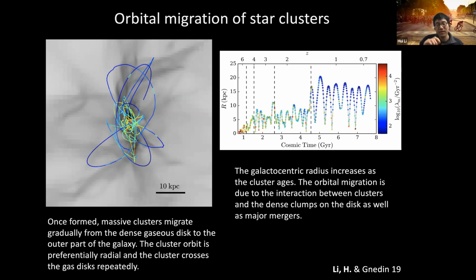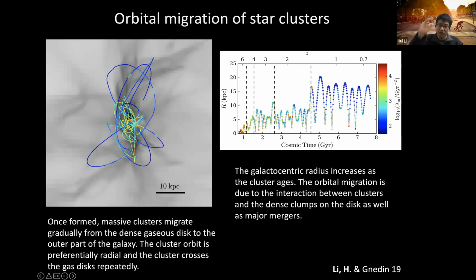So it is much more complicated than we thought, because the massive star clusters are actually formed from the very dense and gaseous disk at high redshift. And then they constantly interact with the giant molecular clouds within this clumpy disk. And then there are some mergers, and these mergers will destroy some of the clusters, but will also release some of the clusters to higher orbits, making the orbit very radial.